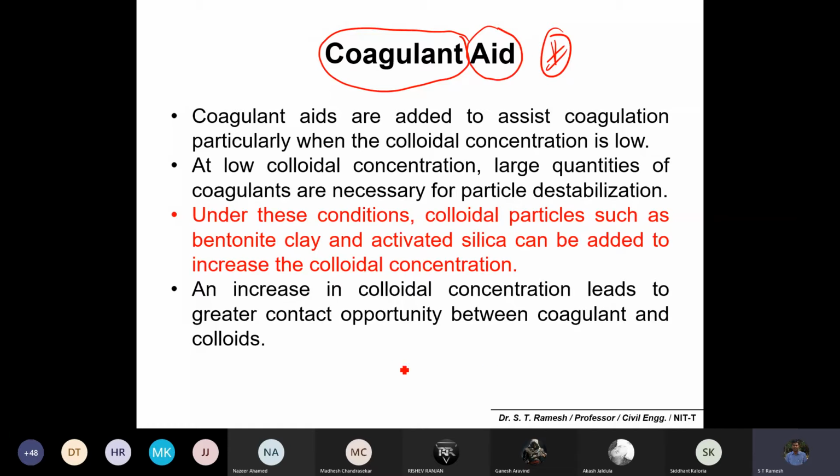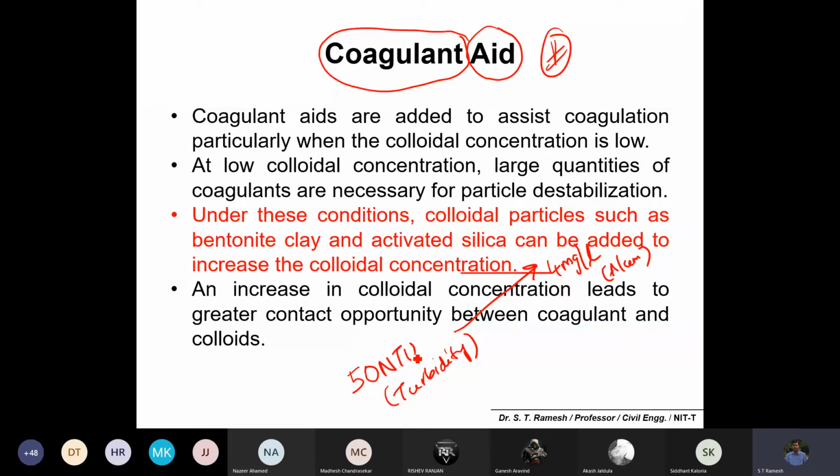Imagine now a situation. You have, for example, 50 NTU of turbidity. Listen properly. For 50 NTU of turbidity you may require 4 milligram per liter of alum.